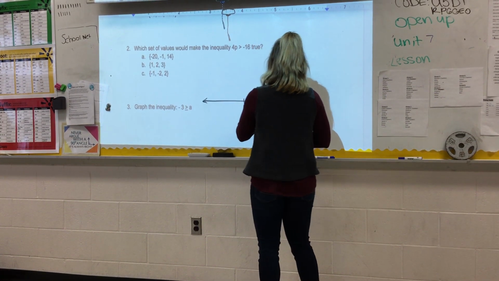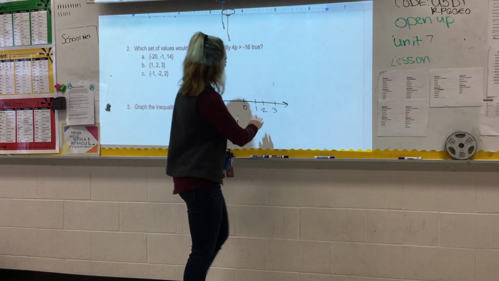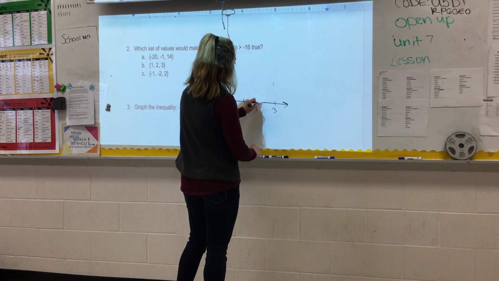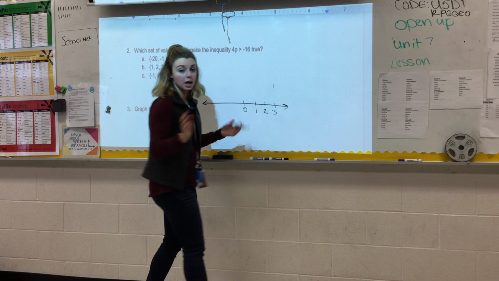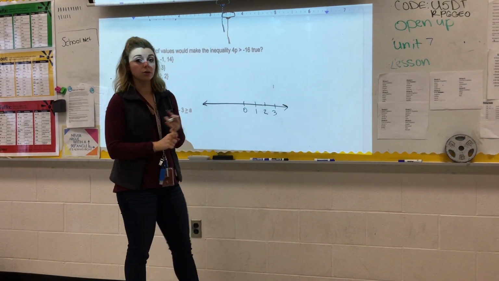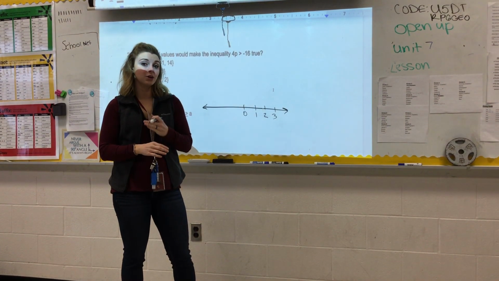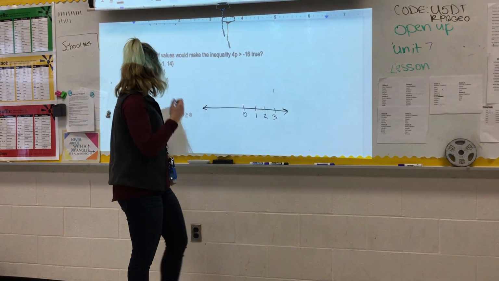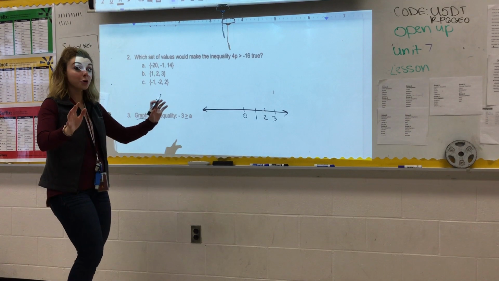So I'm going to go ahead and draw my number line, because remember, when you are graphing inequalities, it is not on an actual graph. Like I talked about in the video that I put on Tuesday, graphing inequalities is plotting it on a number line. So graphing inequalities, don't get freaked out and be like, I don't know how to graph that.